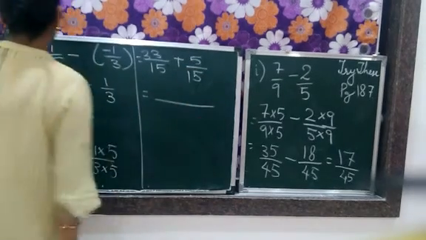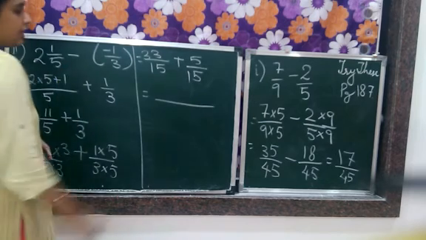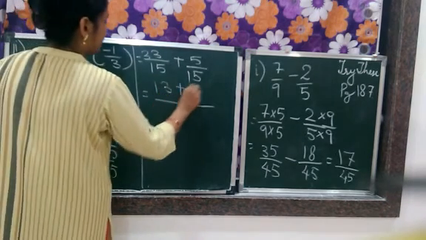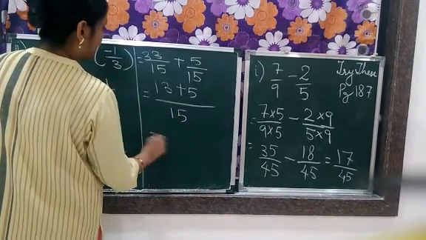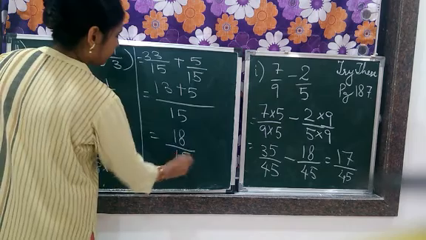Now, what did we do? We made it minus minus plus. So now we have to add instead of subtracting. So it is 18 by 15.